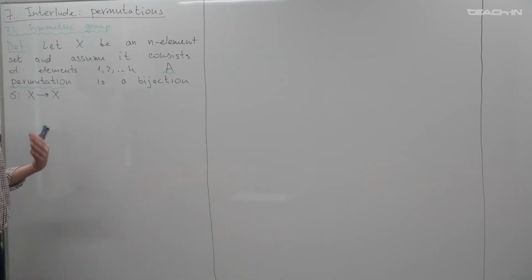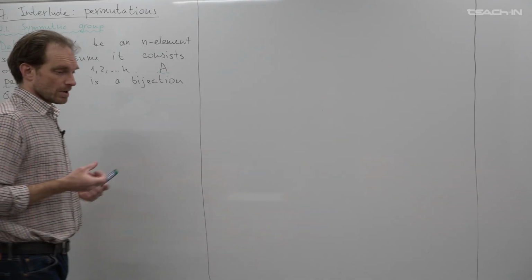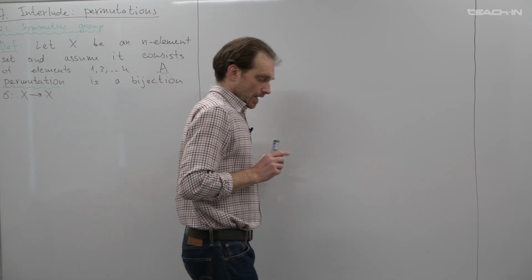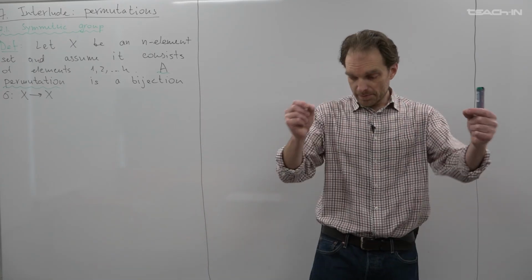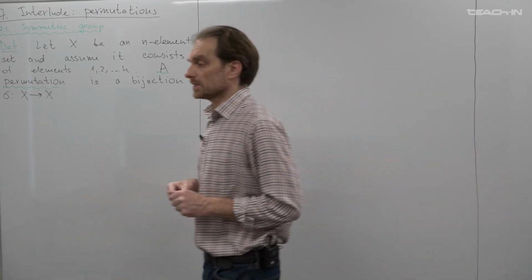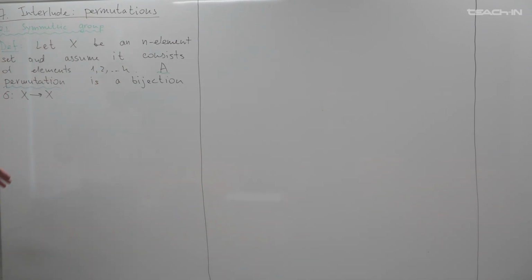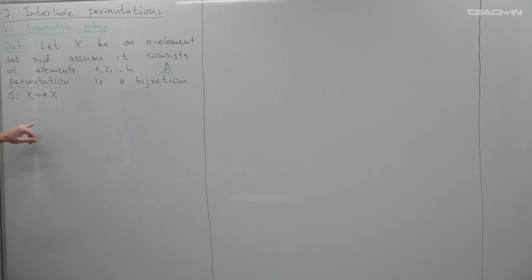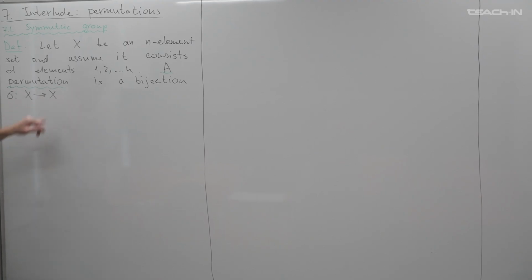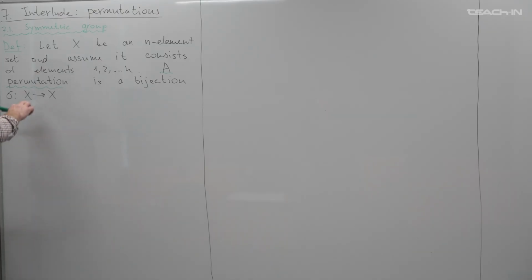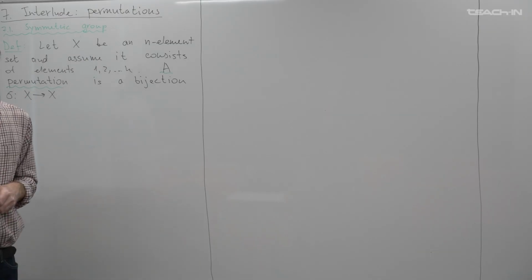So bijection, this is a one-to-one mapping. So this is the mapping such that two distinct elements are mapped into two distinct elements, and that for every element here there exists some element here that its image is the element that we selected.